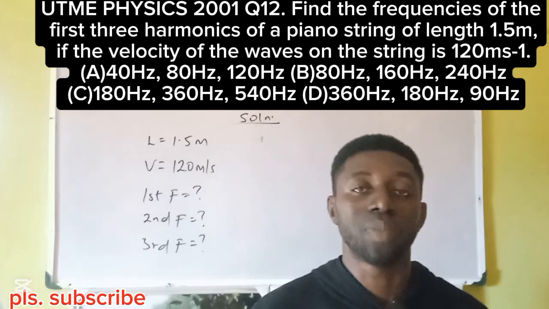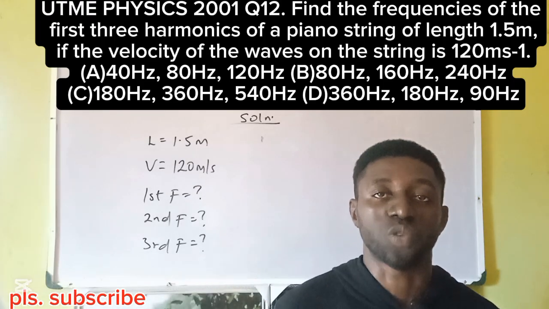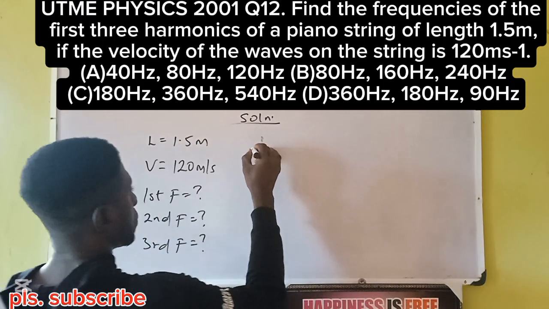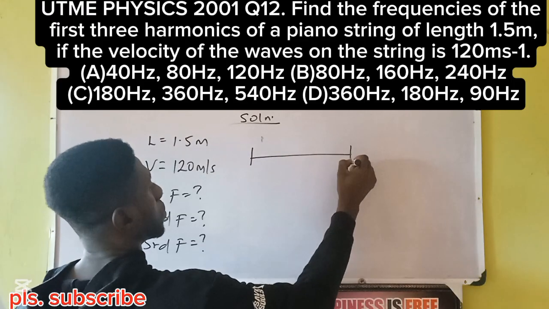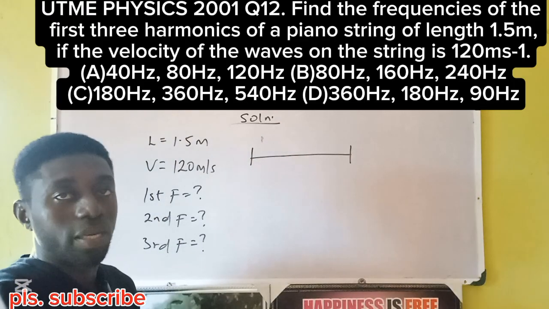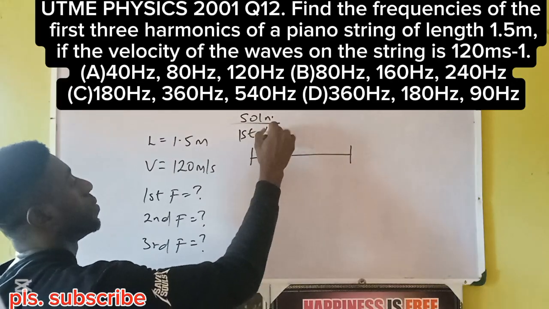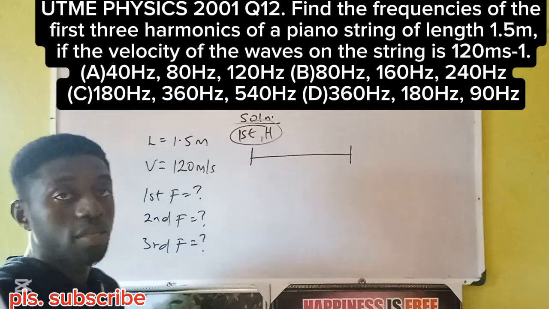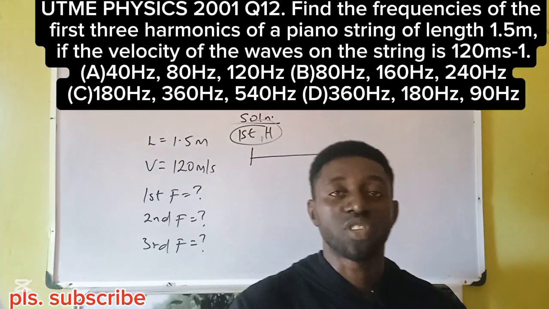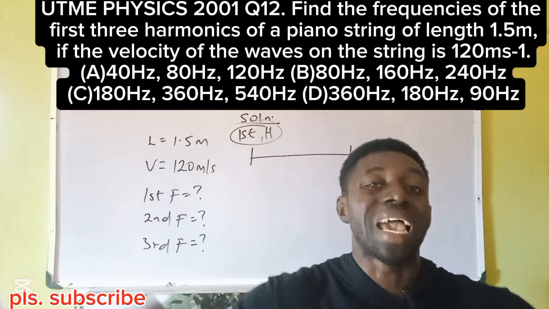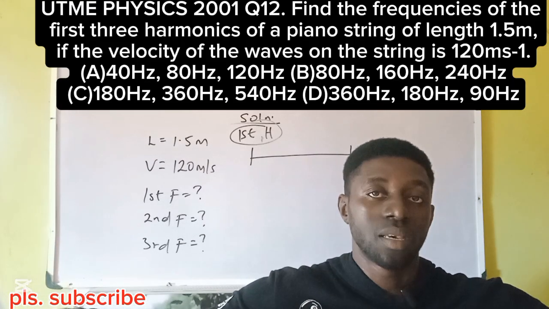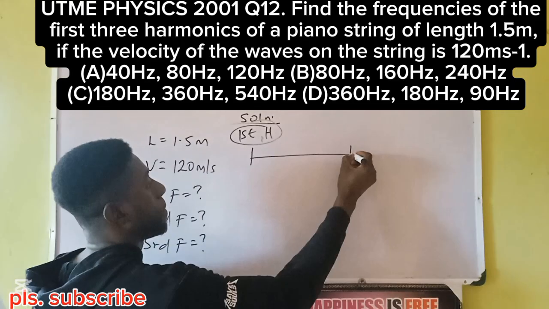Let me use a diagram to make it simple. Draw the piano string. Let this be our piano string. Recall, this is the first harmonic. In every piano string, the string must be fixed at 2 ends, 2 extreme ends. That's what I've done here.